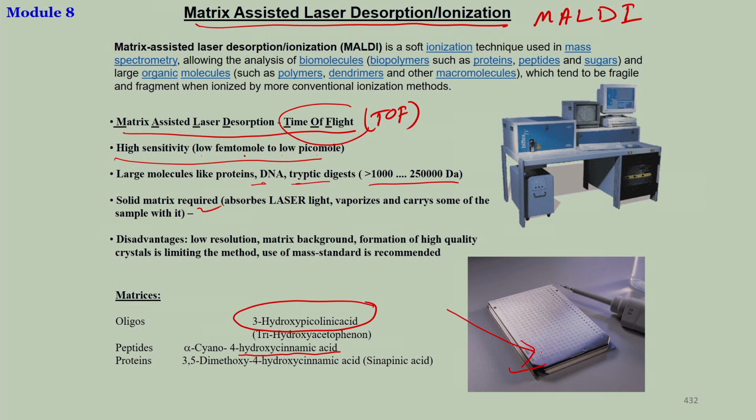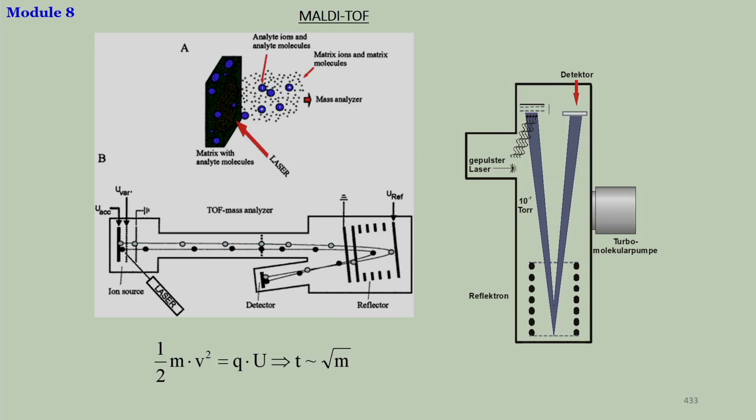The laser would be pumped in, injected in here, and it will break the crystal parameters. It will force the ions that are present here to move, to fly, that is what is called the flight, and depending upon their m by z, their time of flight would be different. That is the basis of it.